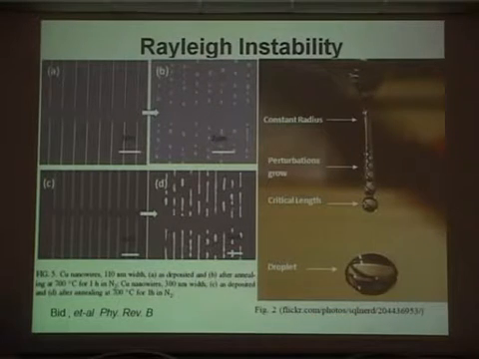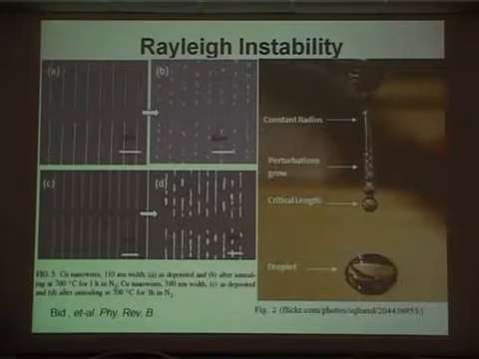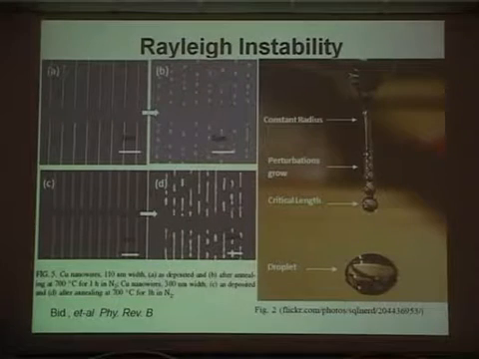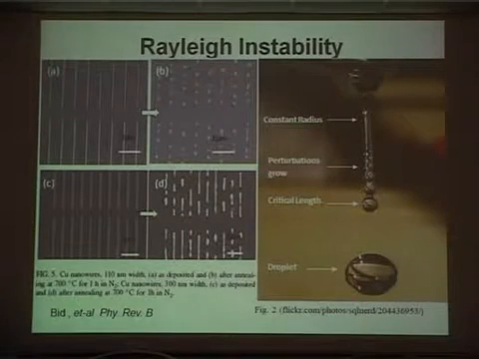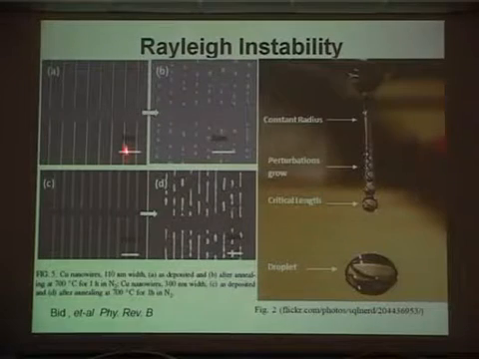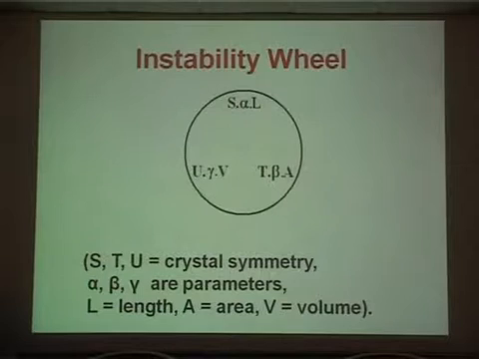You can do this very easily. You can take a syringe, take some water and push it. In the first few ejections from the syringe you will find it is a streamline, then it forms into droplets. Why does this happen? It is given by Rayleigh instability. My key point is that nanorods break into nanoparticles. It satisfies the one third of the wheel, from nanorods to nanoparticles.